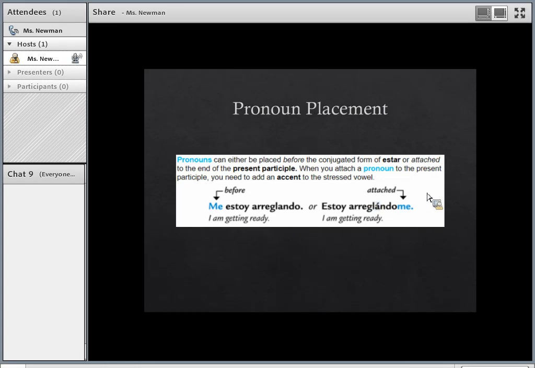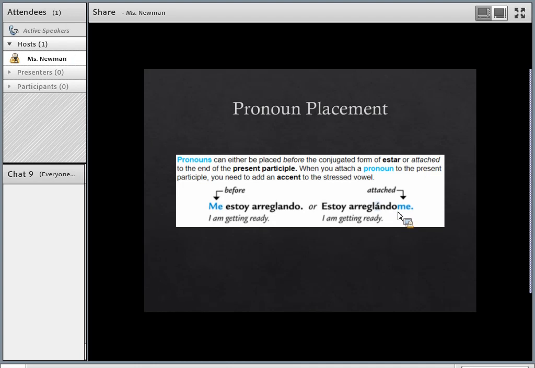So now what happens is once we've added a pronoun, arreglándome, we've actually changed the syllables. We've made it 5 syllables now. So me becomes the last syllable. So technically, given the rule in Spanish, that means the syllable do would now get that stress.